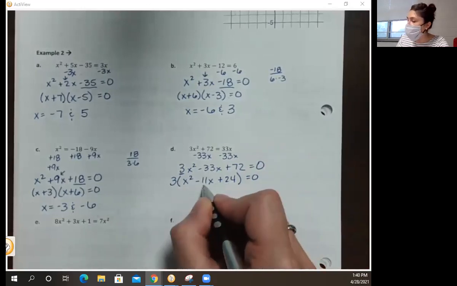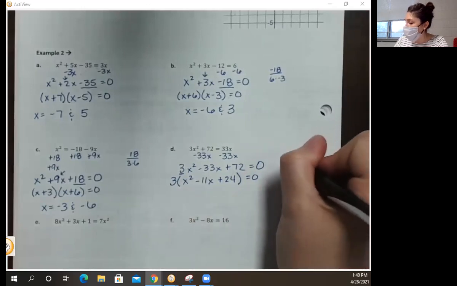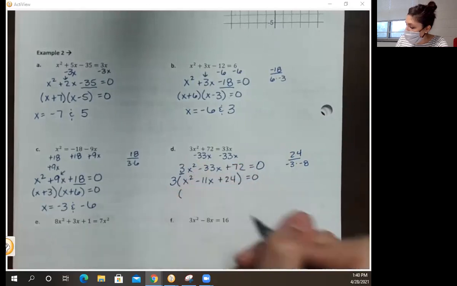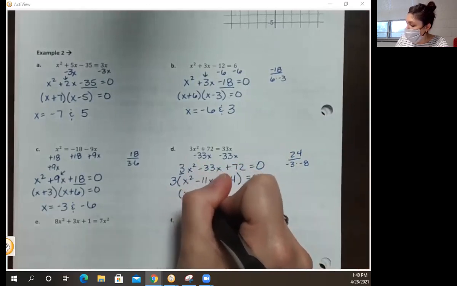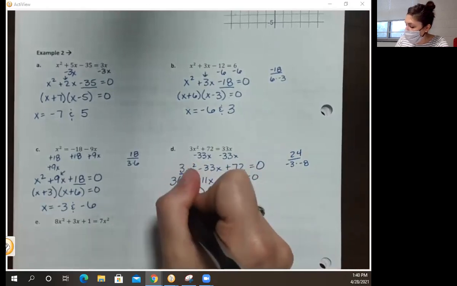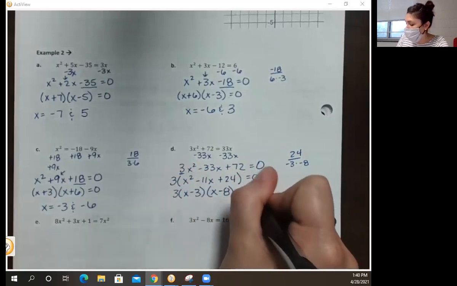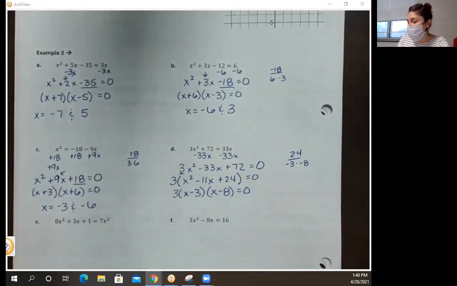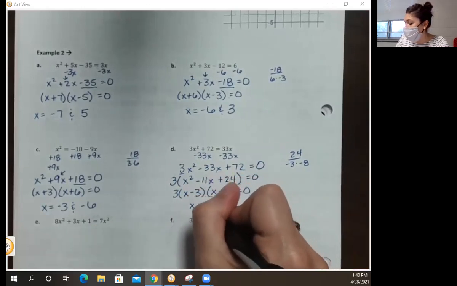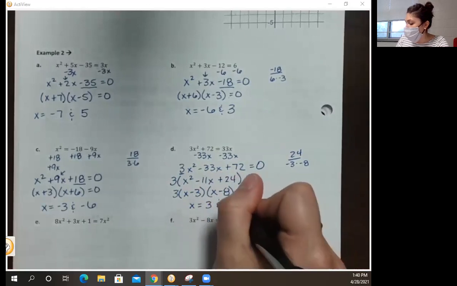Factors of 24 that add to -11. That would be -3 times -8. So this would become x minus 3 times x minus 8. Still have our GCF in front there. And so my solutions are x equals 3 and x equals 8.